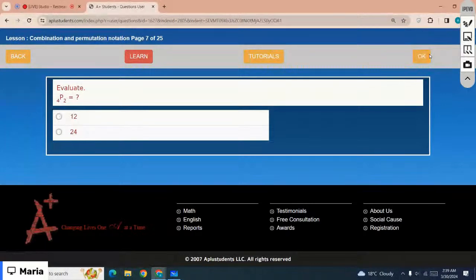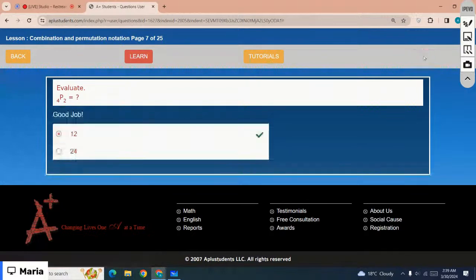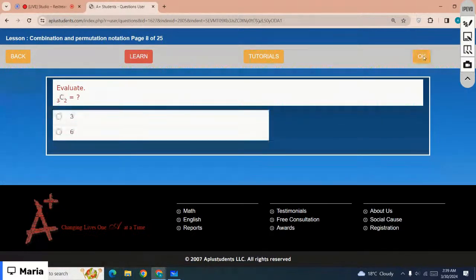So, which is the correct option? 12. Option number one is the correct option. 3C2, which is the correct option? That is 6. The correct option is 6.